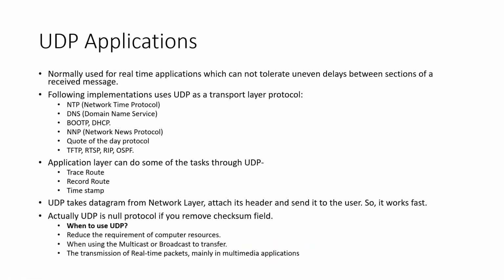Now the applications where UDP is used. These are the different protocols that use it: NTP and DNS, and DHCP. We'll discuss what NTP, DNS and DHCP are. These are the routing protocols used in networking. We don't need to learn about these because it doesn't help us; they are purely routing protocols and algorithms for how to route the traffic.